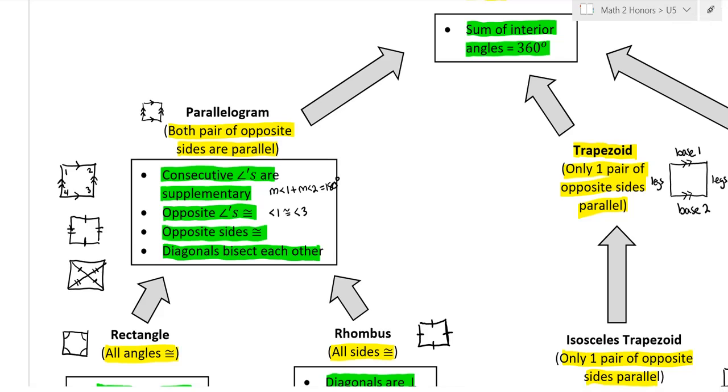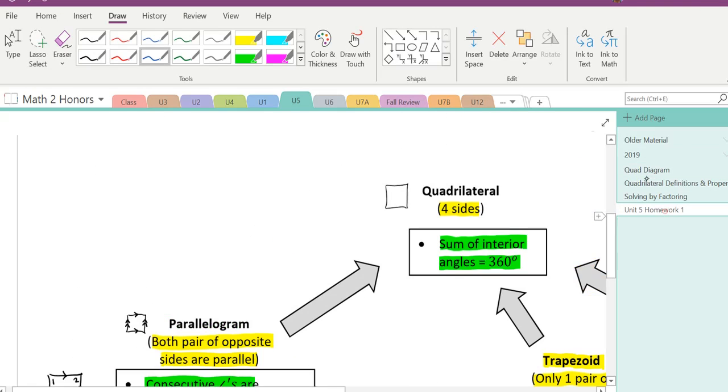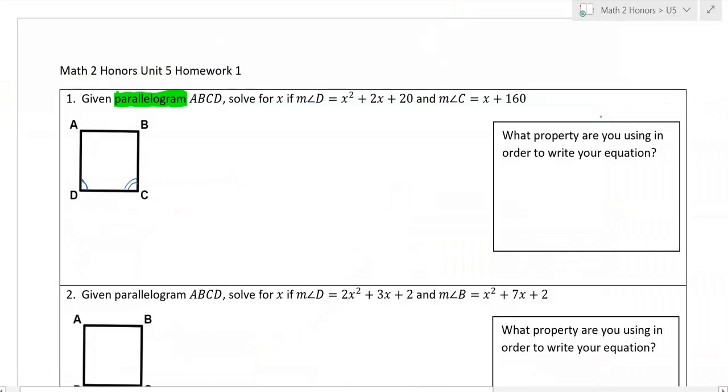If I go back to my homework, looking at angle D and angle C, those are not opposite angles, they're consecutive angles, they're angles right next to each other. And so the property that I'm going to use, I'm going to write in here: consecutive angles are supplementary.